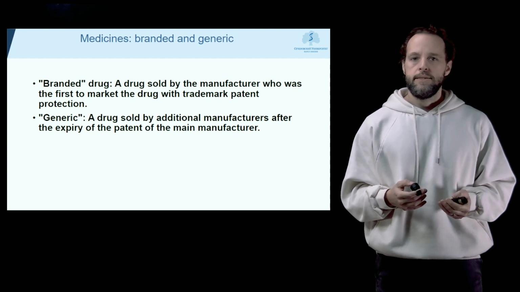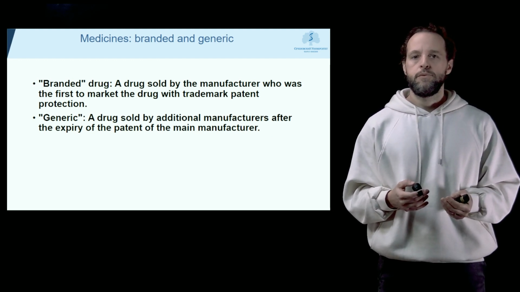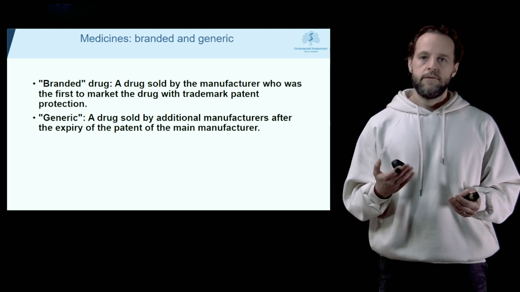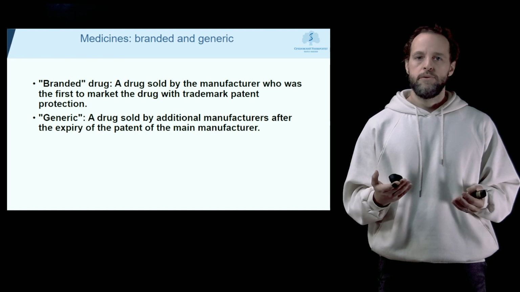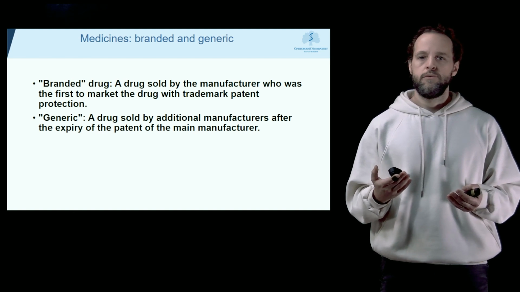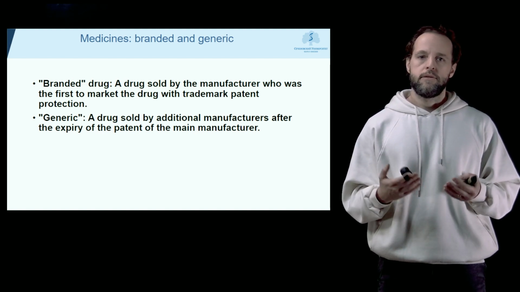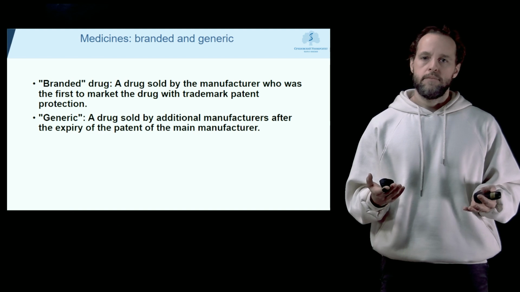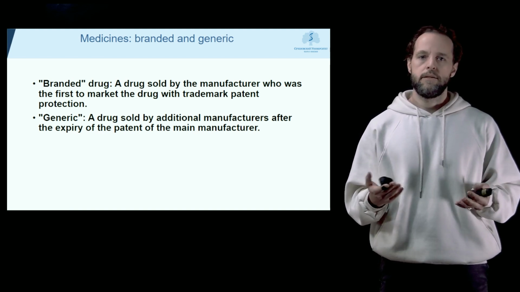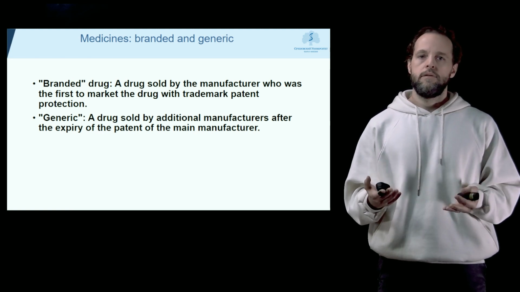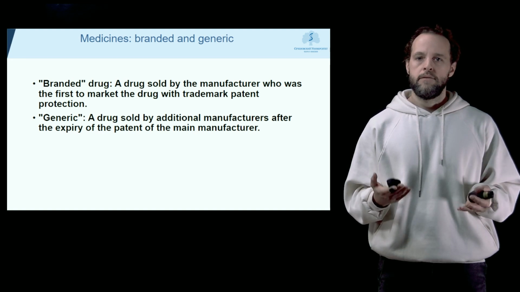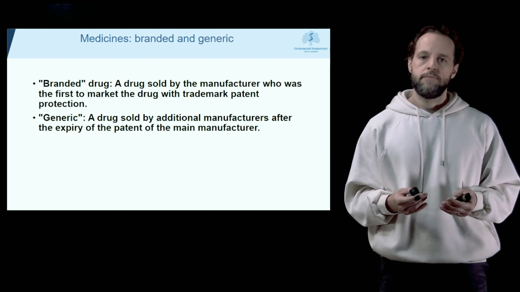When using medicines, it's important to distinguish between branded drugs and generic drugs. Branded drug is a medical product sold by the manufacturer who was the first to introduce this exact drug substance or combination of substances to the public, and they will own the trademark and patent for this medical product.